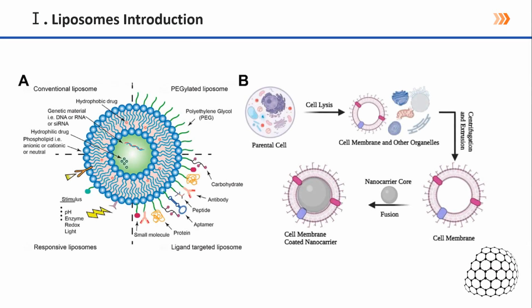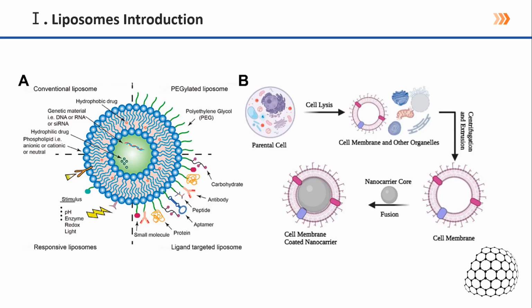On the basis of basic liposomes, liposomes with different characteristics are obtained through surface modification, each of which has its own unique characteristics and application scenarios. For example, traditional liposomes are the basis of liposome research, which provides an important reference for our subsequent research.